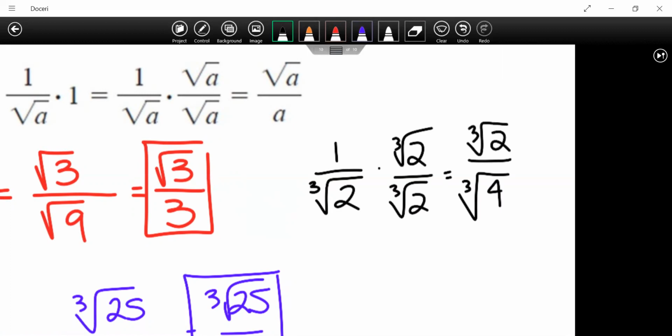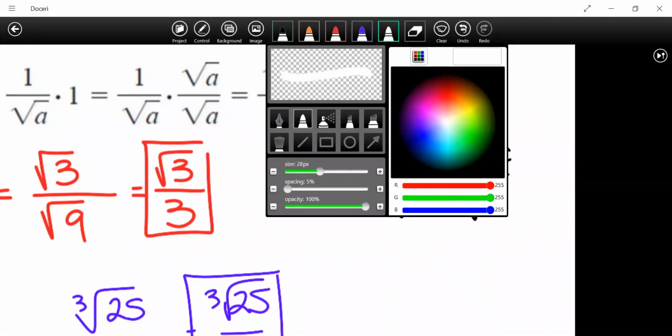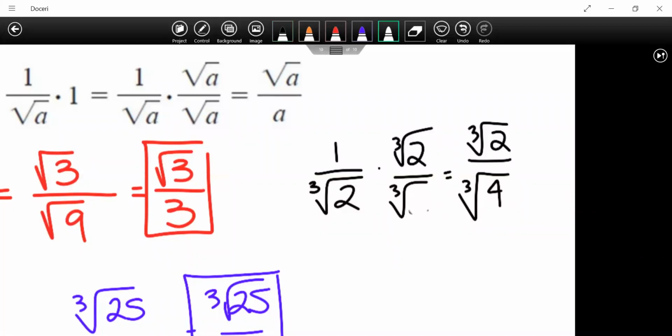Is this a perfect root? What would be the cube root of 4? It wouldn't work out, right? So what number should I multiply it by to give me a better value? 4. Why 4? Because it would turn into 8. So if we change this to 4, we would get the cube root of 8.